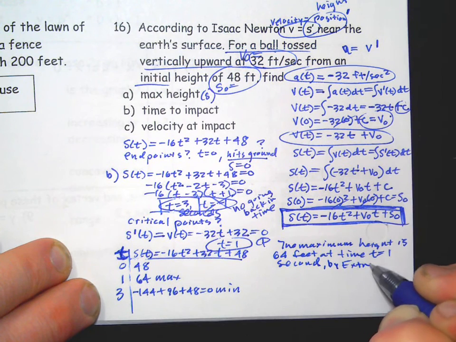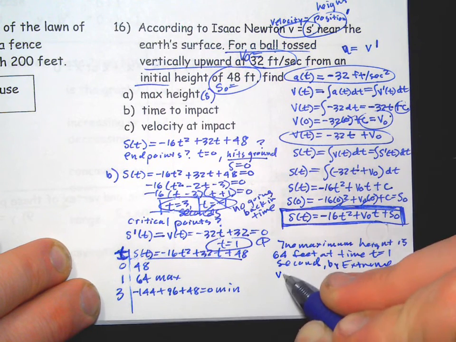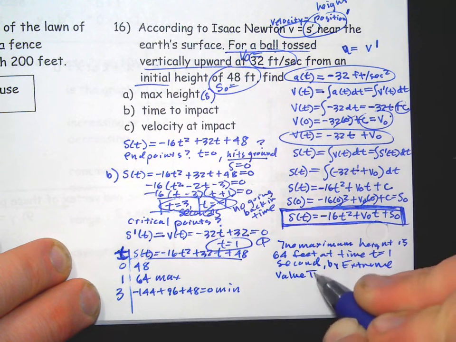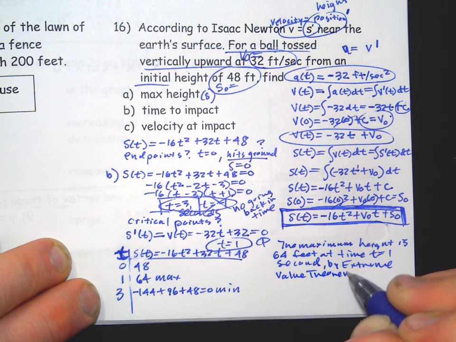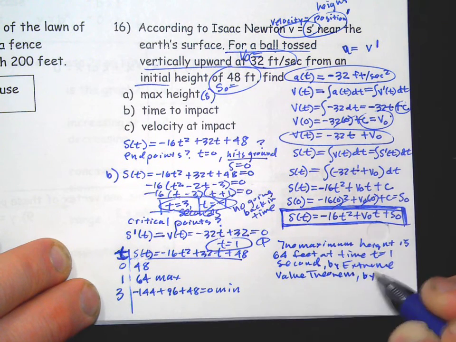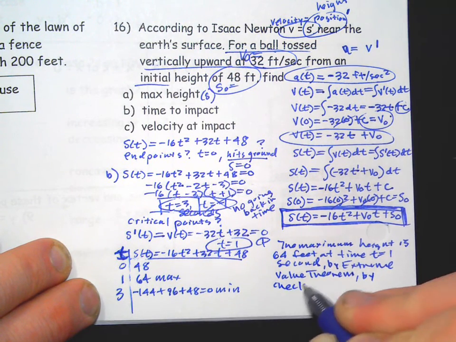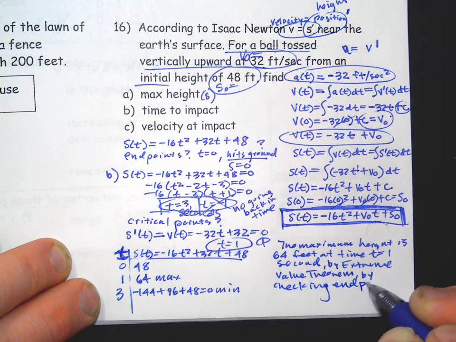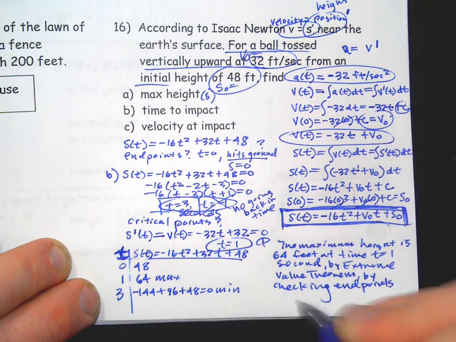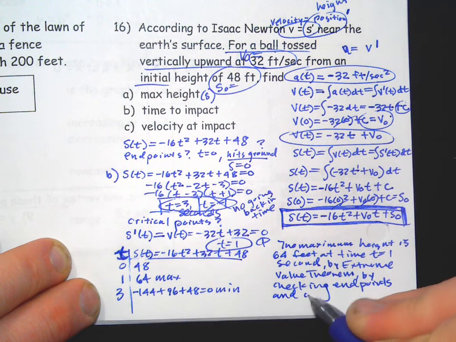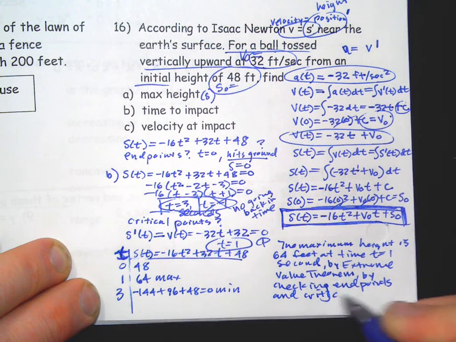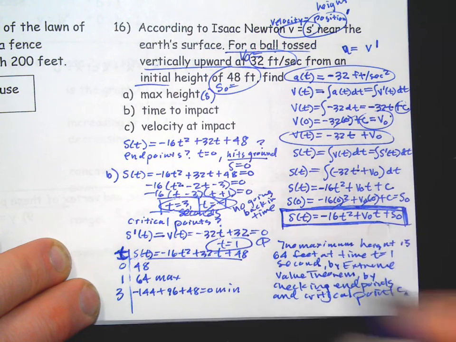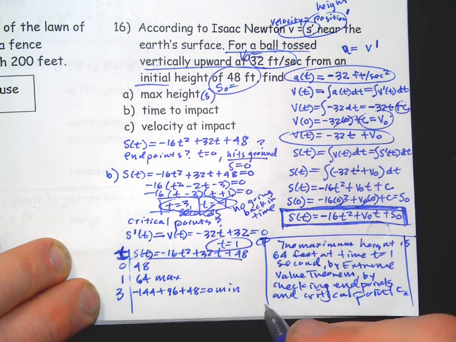That's what I want you to write on these all the time now. Extreme value theorem. How does the extreme value theorem work? By checking endpoints and critical points. Okay, so that's your answer to part A with all the work you need.